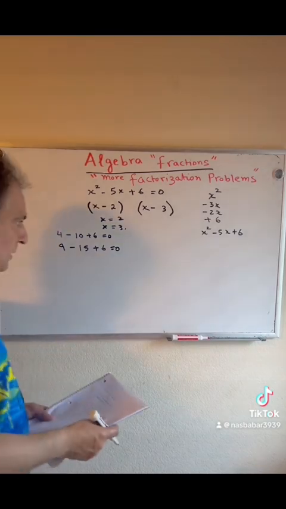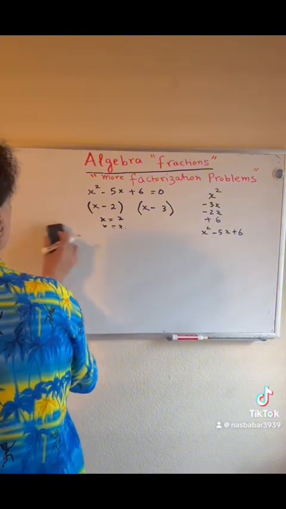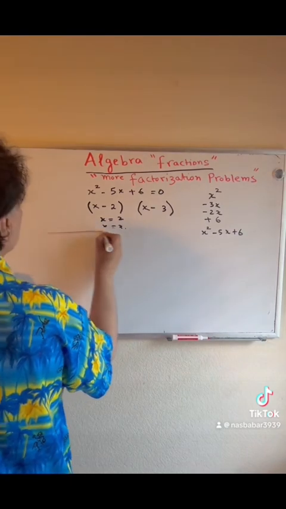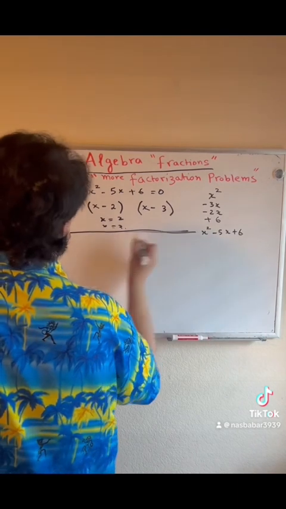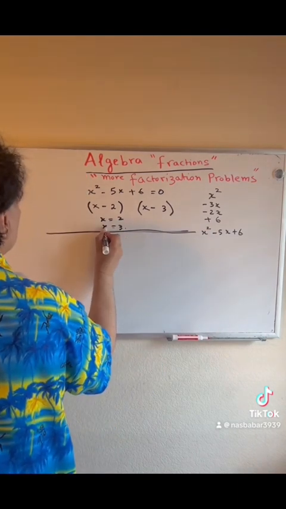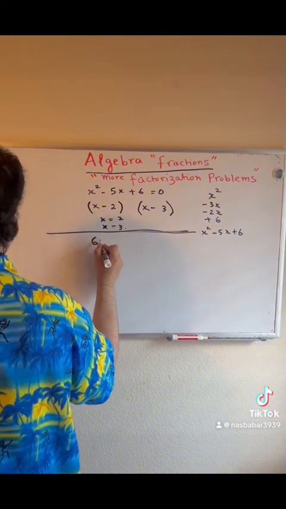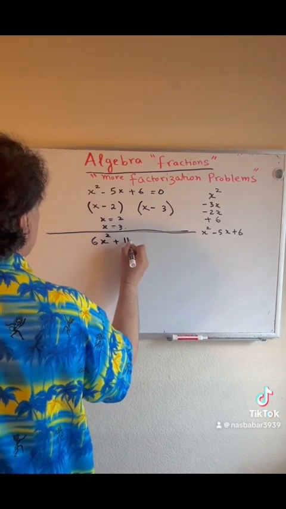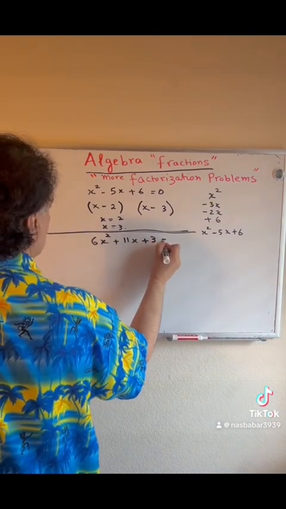All right, let's look at another problem. How about we draw a line right here. How about we solve this problem right here? 6x squared plus 11x plus 3 is equal to 0.